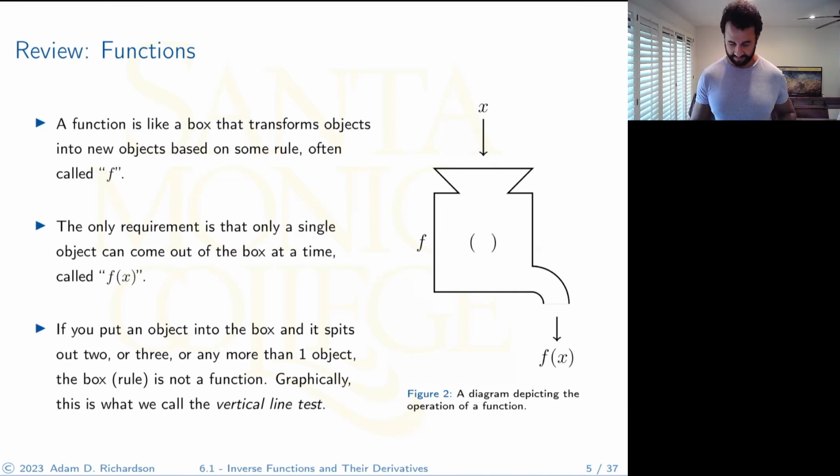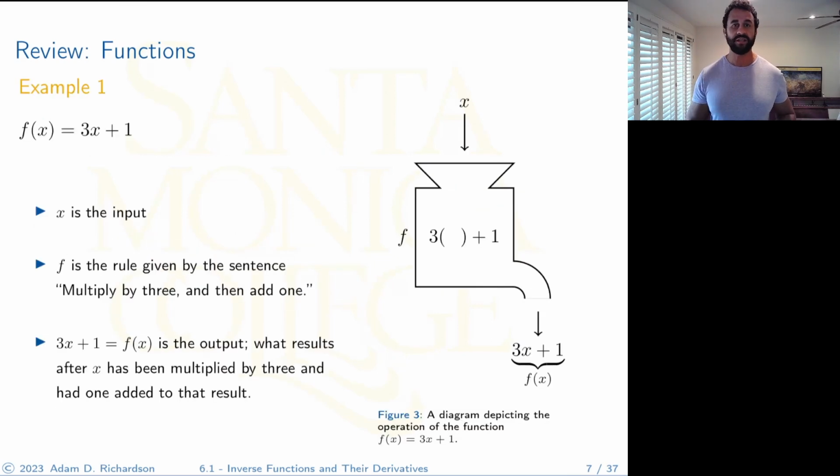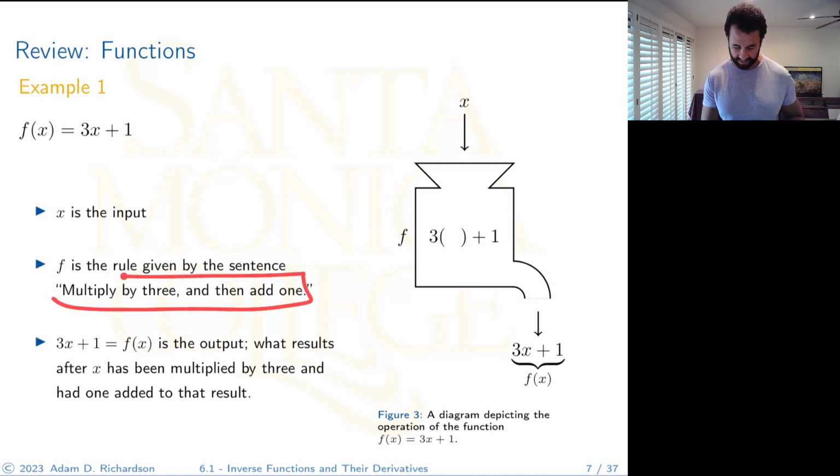Okay, so here's a classic example, just a simple example using these ideas that I was talking about. Here we have the function f of x equals 3x plus 1. x is the input. x is what we're putting into the box. f is the rule that is given by this sentence. So quite literally, this letter f here is representing this sentence.